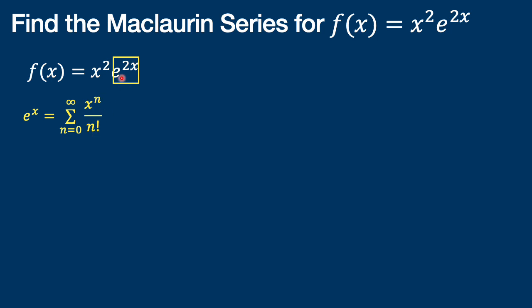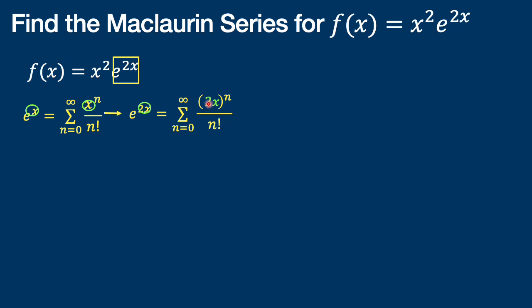Can you find the Maclaurin series for e to the 2x? Yes. We're going to replace x by 2x, right? So e to the 2x is going to be, with that replacement, we're going to figure it out.